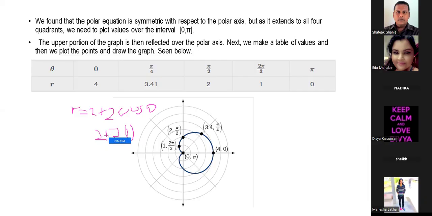So that's how we end up here. Where we see theta, for cos theta, you substitute pi over 4, we're going to have 3.41. Where we see pi over 2, when you substitute and work it out, you're going to have 2, and so on. And as we could see here, as Miss had demonstrated earlier, on the polar grid we could plot the points the same way.